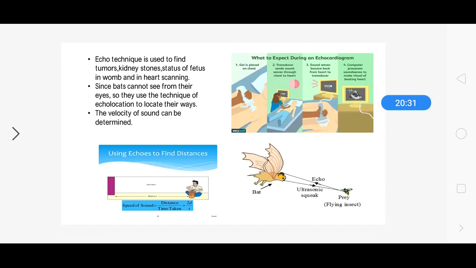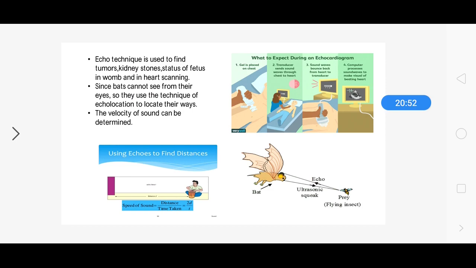The echo technique is used to find tumors and kidney stones, or the status of a fetus in the mother's womb, and also in heart scanning. So the echo concept is used to find tumors in the human body.